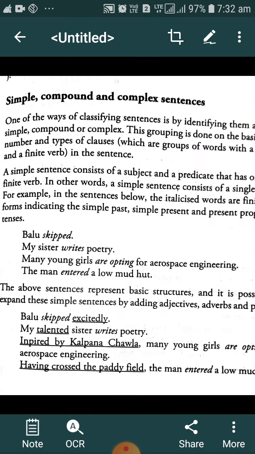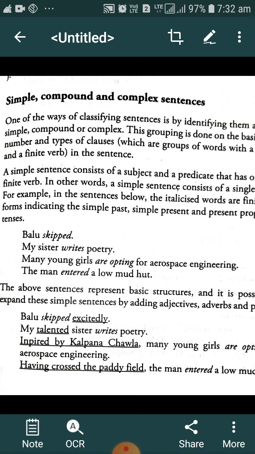So, Balu skipped, that is the second form of the verb, which means it is a finite verb. We have to denote that action in simple past tense.